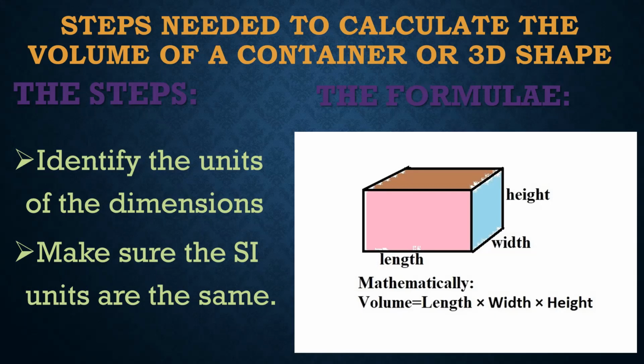First, you identify the measuring unit. If they are all in the same measuring unit, then you can proceed with multiplying them. If they are not, then you change to a particular measuring unit that you want, either all centimeters or all meters, before you multiply the length, the width, and the height of the shape.